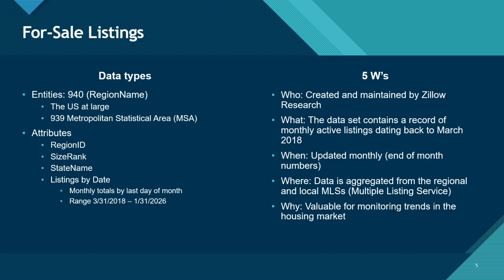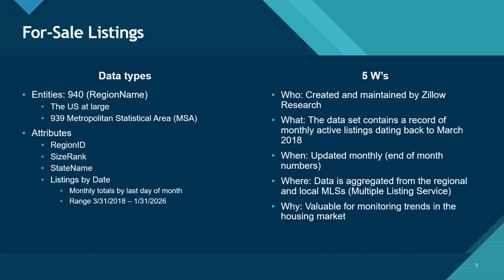The data is made up of 940 entities, called regional names, the US at large being one of the entities, and then 939 metropolitan statistical areas. The attributes associated with these entities are a regional ID, a size rank of the city, the state's name, which the city can be found in, and then the sum total of the listings by date.